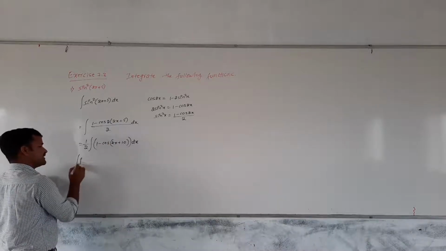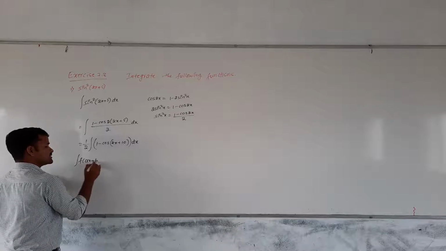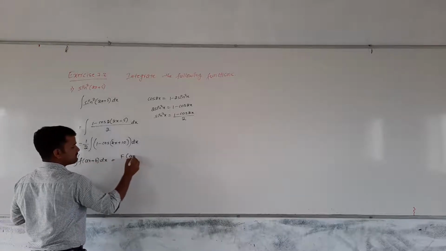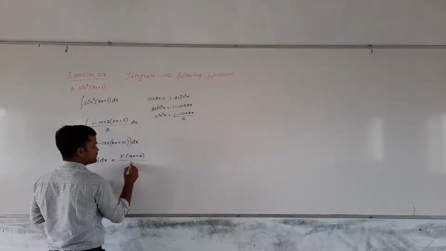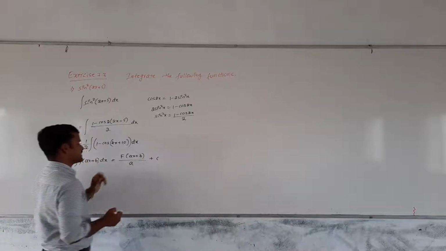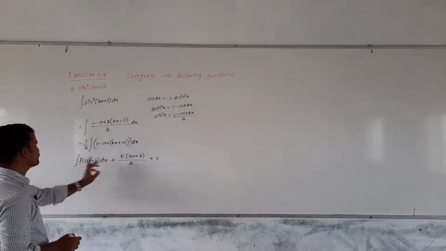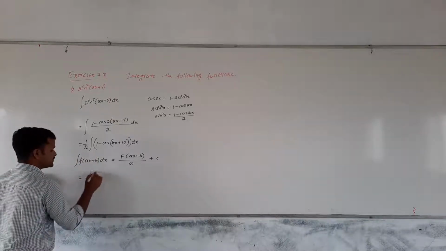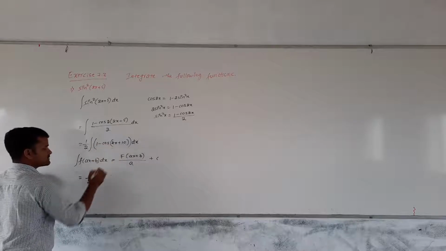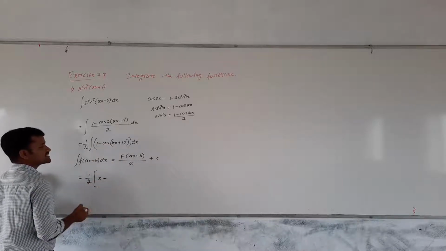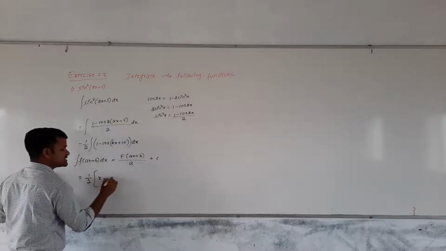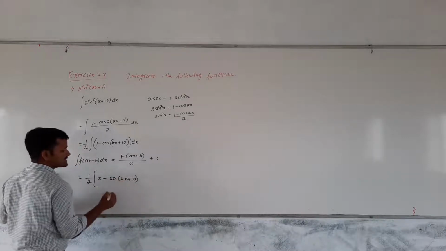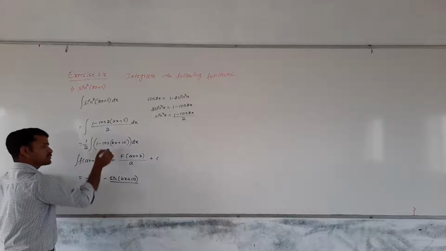It is in the form integration of small f of ax plus b with respect to x, which is equal to capital F of ax plus b divided by coefficient of x plus c, where capital F is integral of small f. Now, coming to the problem, 1 by 2 into integration of 1 with respect to x is x, minus, as it is, integration of cos is sin of 4x plus 10, divided by coefficient of x.